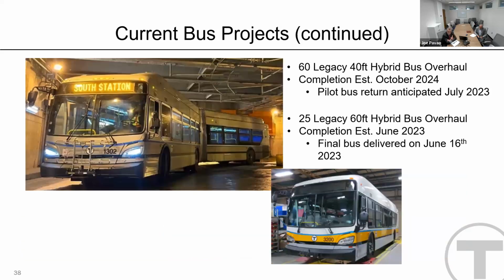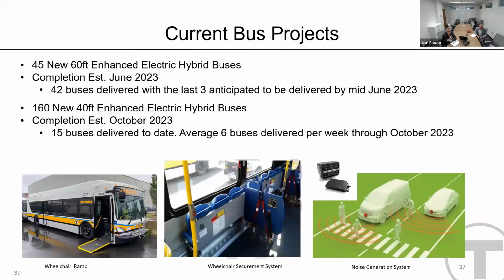It's got the familiar wheelchair securement area. And something new that we've put onto these 160 buses is a new noise generating system. These buses have what's called geofencing, and they'll be capable of running in selected areas that are to be determined, where they can shut the engine off for extended periods of time.